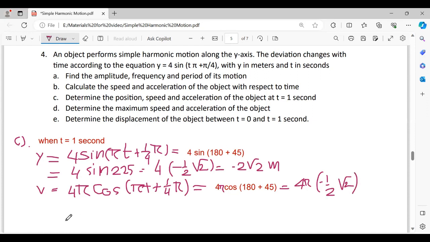So it becomes minus 2 pi square root 2. Velocity means the unit is meters per second.